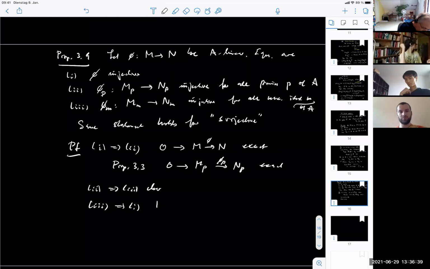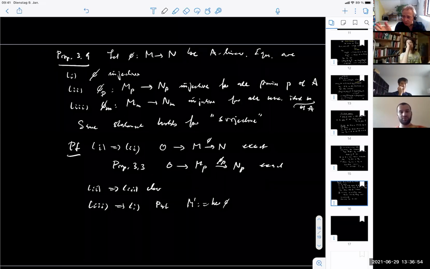So I assume 3 and I want to show phi is injective. Let's give a name to the kernel: M prime is the kernel of phi. I want to prove M prime equals 0.